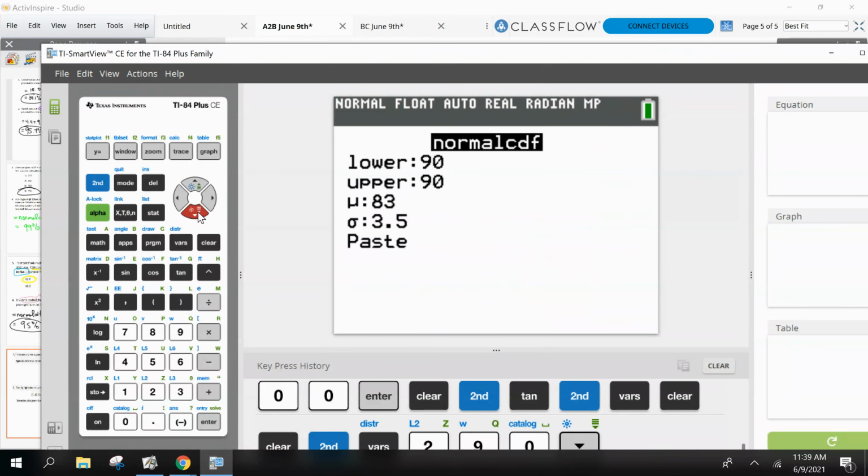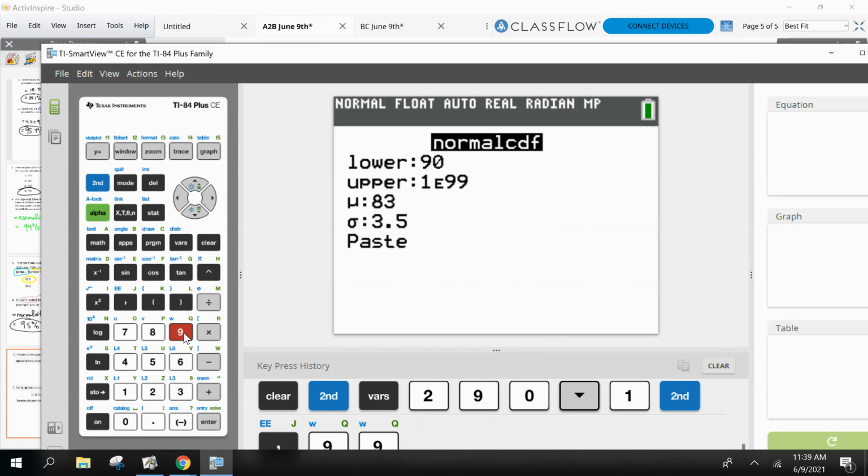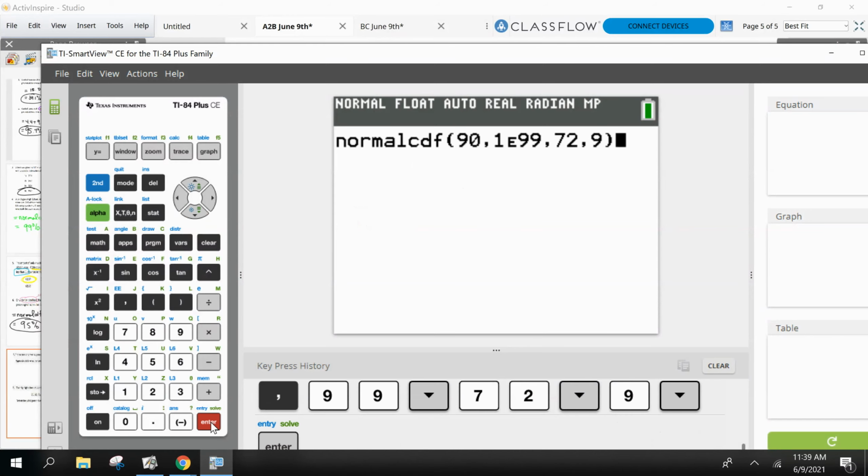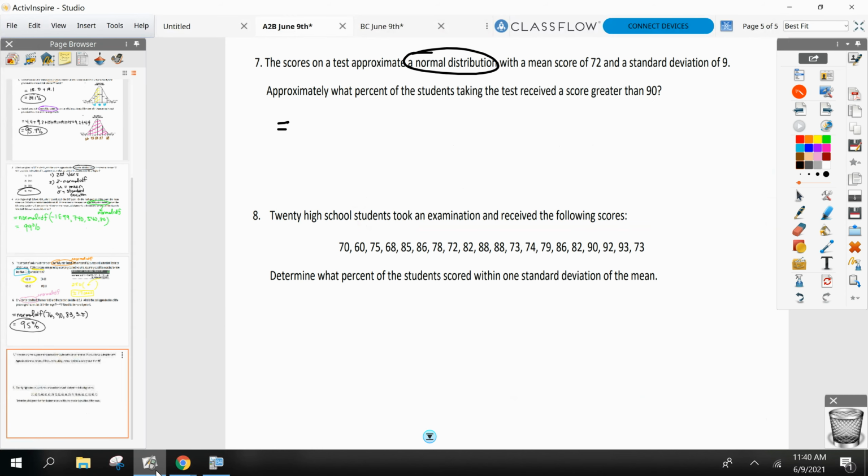What's going into the upper? 1E99. Good job. Way to remember that. 1E99, biggest number I could find. I don't assume the test goes up to 100. And then go ahead, guys, type in your mean of 72, your standard deviation of 9. Paste. Show your work.